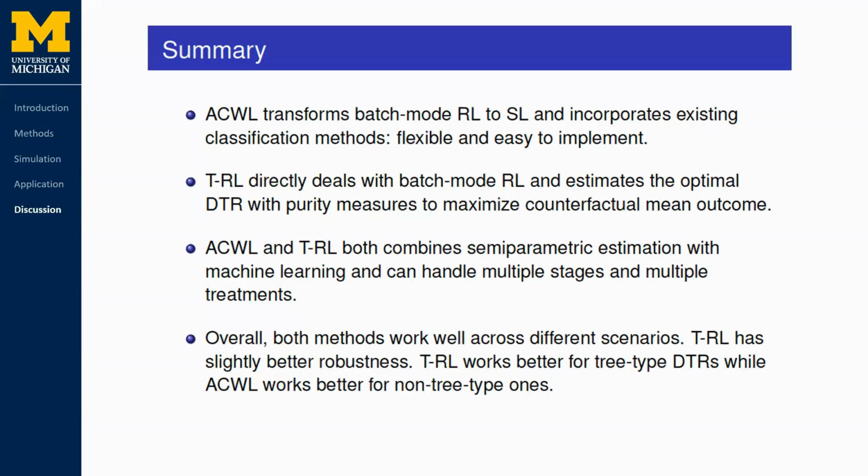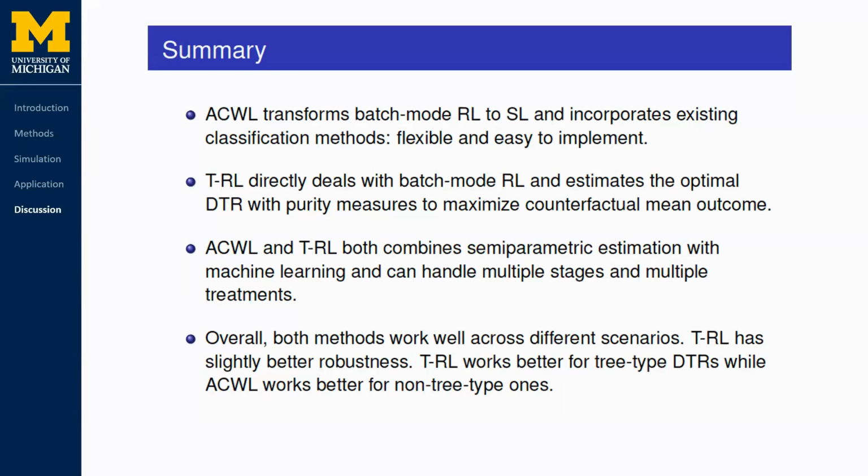On the other hand, tree-based reinforcement learning can directly deal with batch mode reinforcement learning, and also estimates the optimal dynamic treatment regime with the purity measure to maximize the counterfactual mean outcome, which everybody wants to achieve. Both of these methods combine semi-parametric estimation with machine learning methods, and they can handle multiple treatment stages and multiple treatment options.